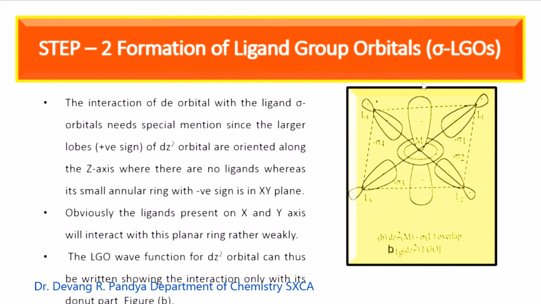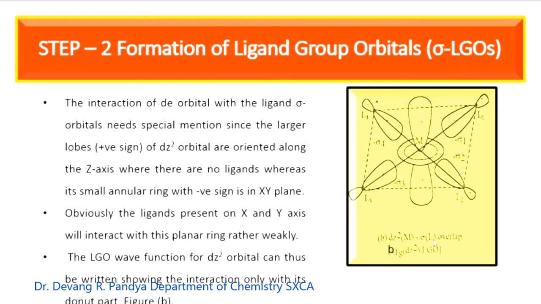These are the main lobes on the z-axis, and there is no ligand above the plane or below the plane, so no overlapping takes place with these positive lobes. But these negative lobes spread on the x and y axes equally, so each ligand is going to interact with this, and it is a partial interaction.